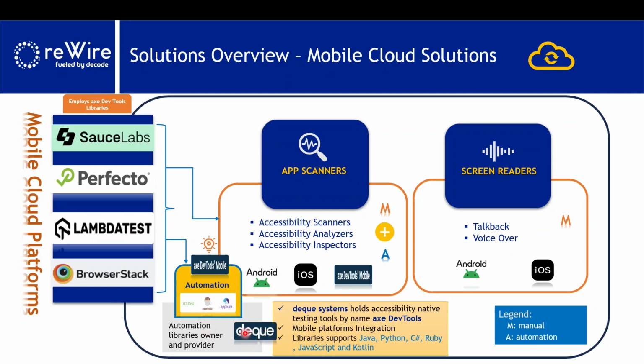Deque Systems is the vendor that provided these Axe DevTools, and I would say this is the vendor who started accessibility testing of applications, apart from ARC Toolkit, TPGi, and WebAIM vendors. Okay, so this has its own infrastructure and own accessibility analyzers, own extensions, own libraries.